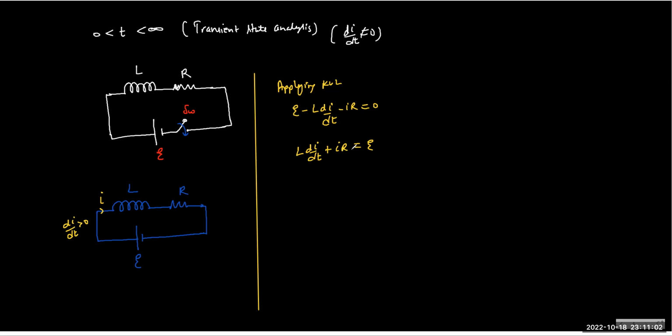Sir, I'm getting (E/R) ln(E/(E minus IR)) is equal to (R/L)t. Yeah, something like that is correct. So you are getting something like this equation, right?